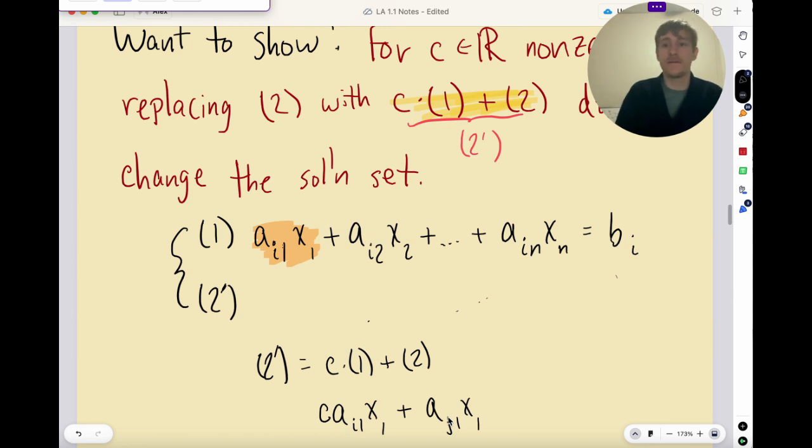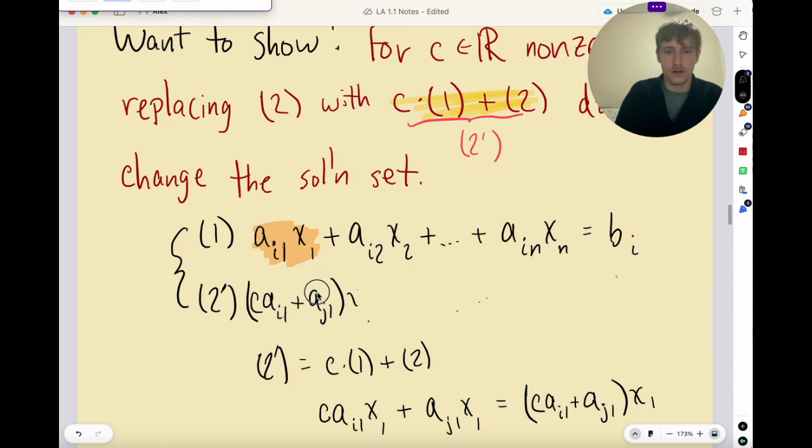Okay, so then the first term, I can factor the x1 out, and I get that this is equal to c ai1 plus aj1 times x1. So this first term is going to be, in parentheses, of course, (c ai1 plus aj1) x1.